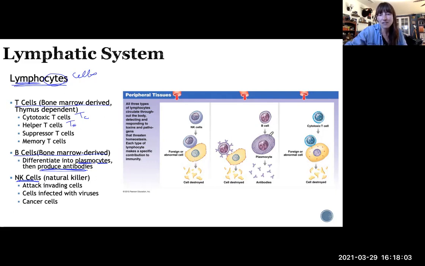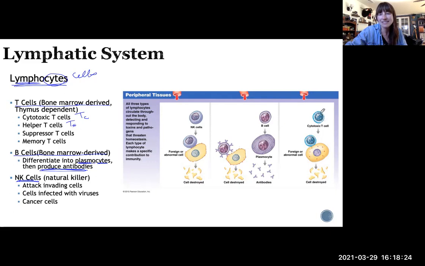Your B cells, which may become plasmacytes and produce antibodies. They can also, and these are the little antibodies on the surface of a different B cell, recognize non-self cells and trigger apoptosis or destroy them in other ways.